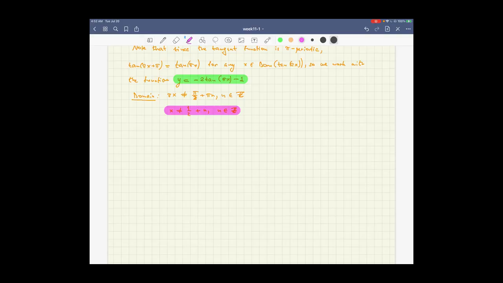Any real number except those of the form 1/2 plus an integer.